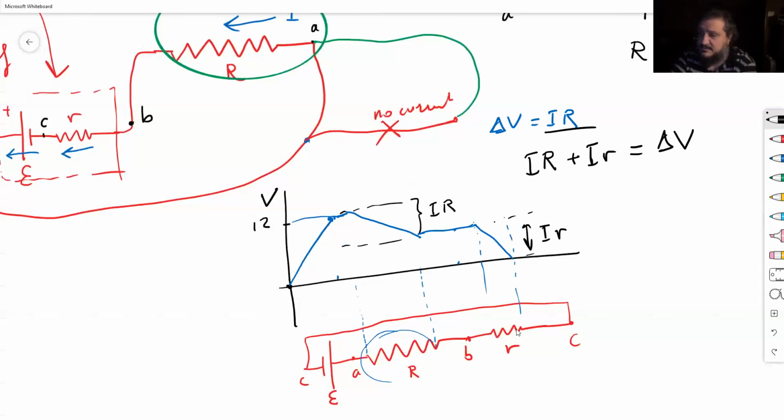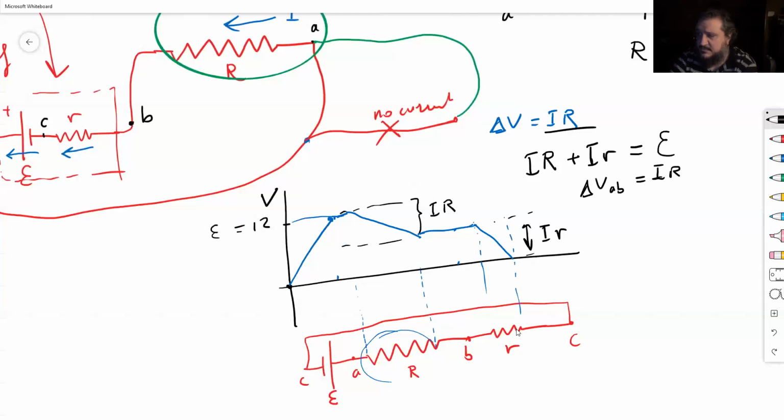All right, so EMF here. EMF. So the terminal voltage is VAB, right? So delta VAB is nothing but IR.